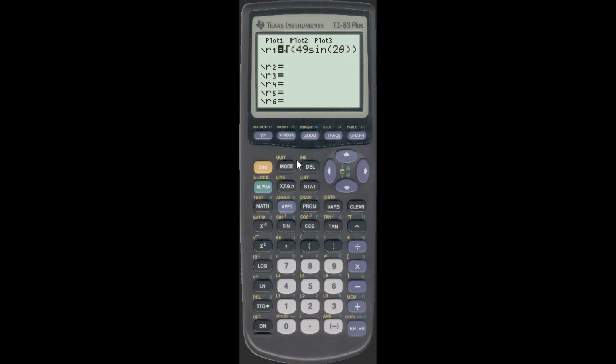Okay. So now the window already knows to do it in polar. You can go to zoom, and I think there's a zoom polar. I guess not. All right, so we go to graph, and you can see it makes this nice, pretty graph.